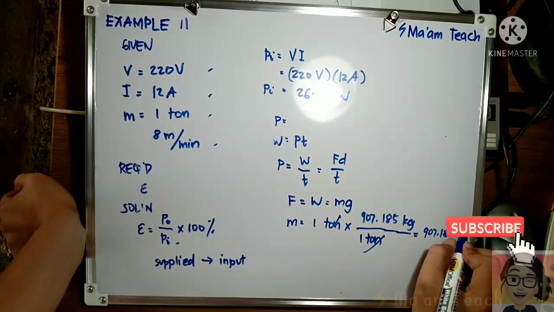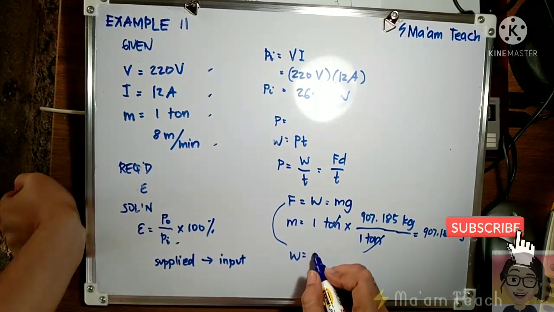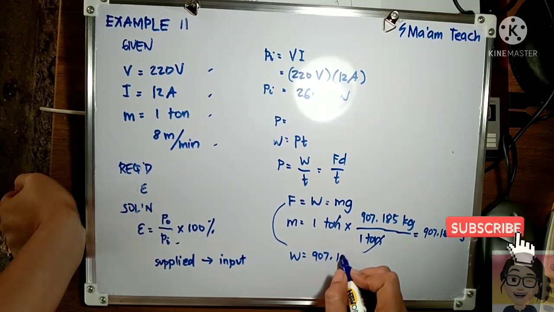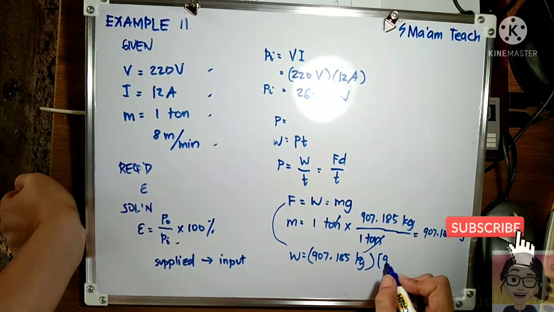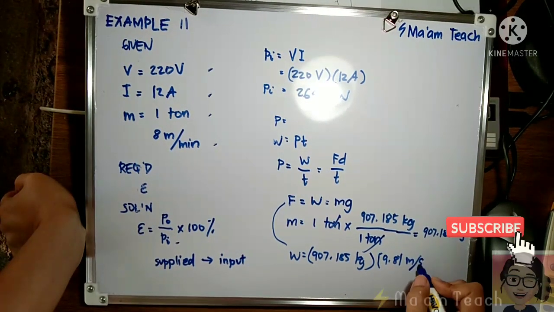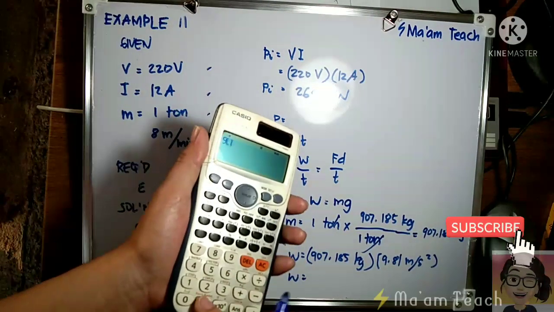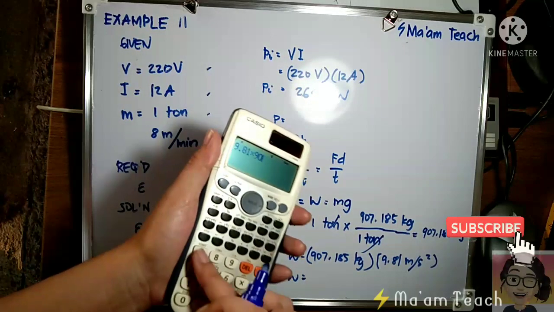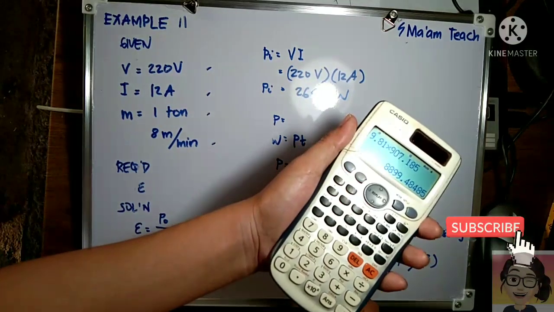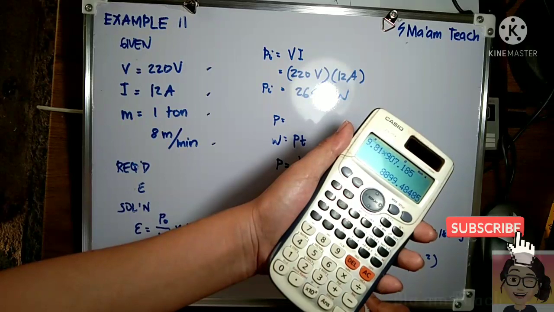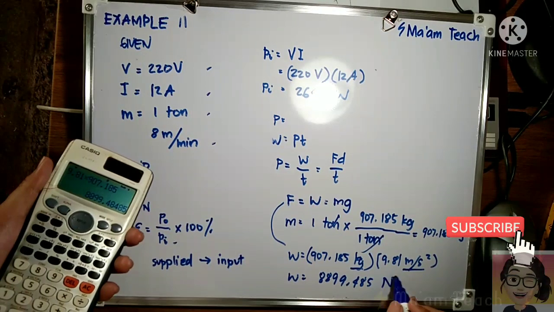Now that we have the mass, we may be able to solve for the weight, which is 907.185 kilograms times our acceleration due to gravity, which is 9.81 meters per square second. Take note, your unit here will become Newton. So 9.81 times 907.185, you'll have 8899.485. Take note, kilogram times meter per square second is Newton.